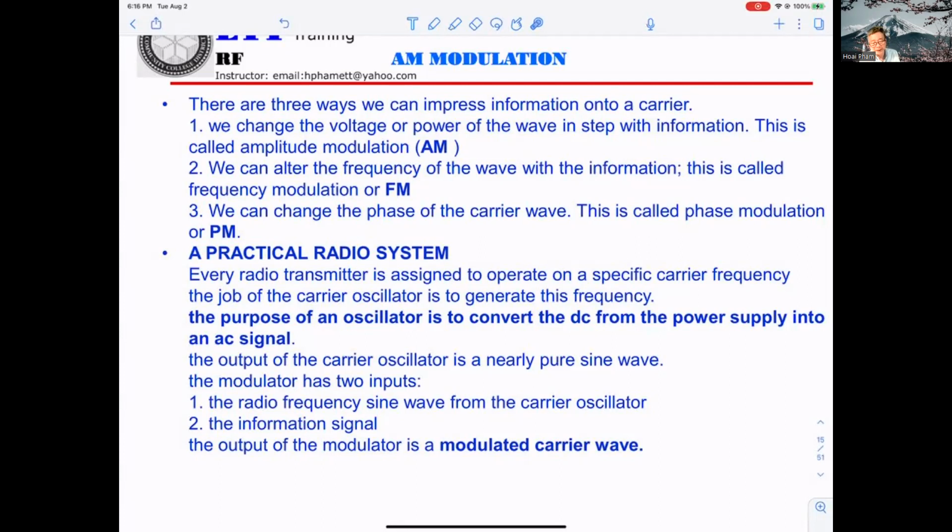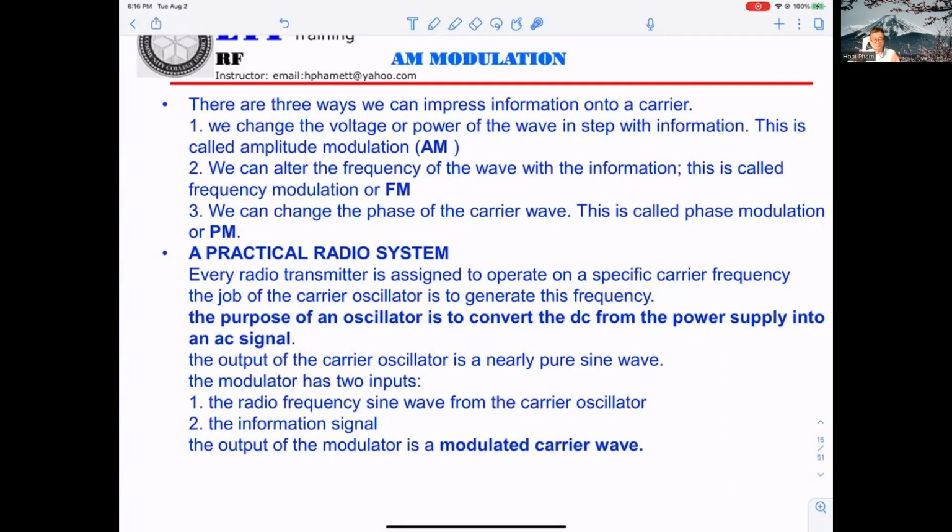I already explained the oscillator, and the information is just your voice. And the output of the modulator circuitry is what they call a modulated carrier wave.